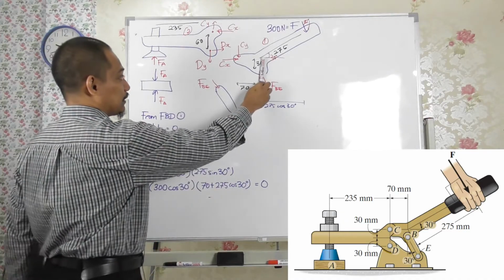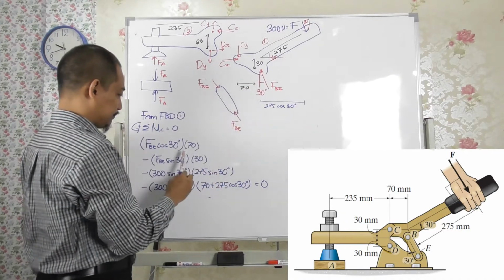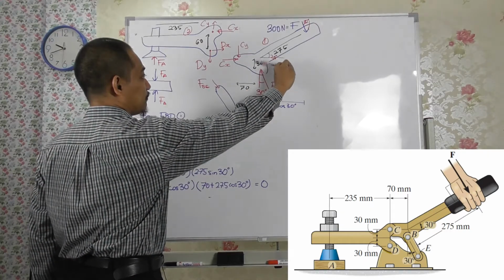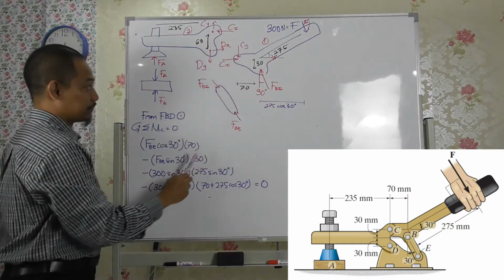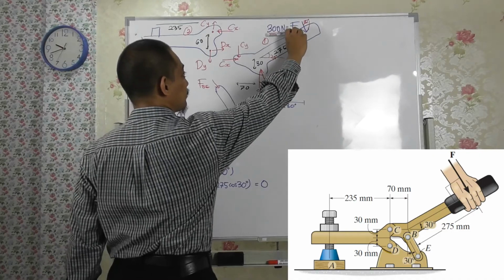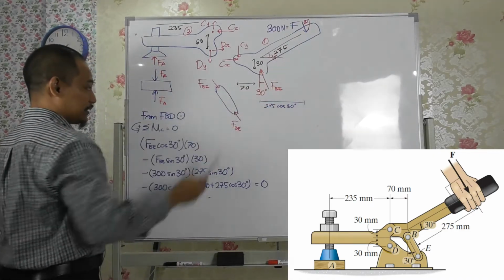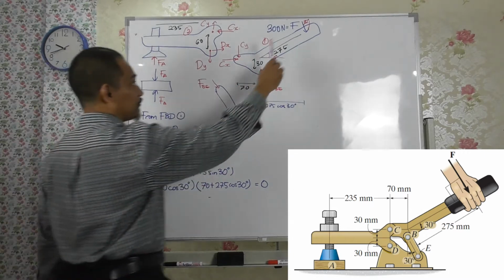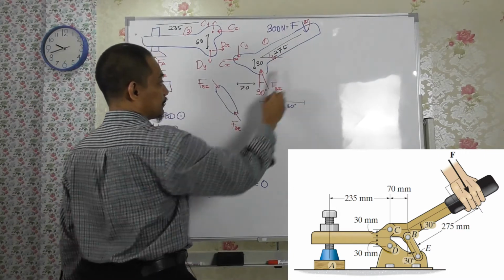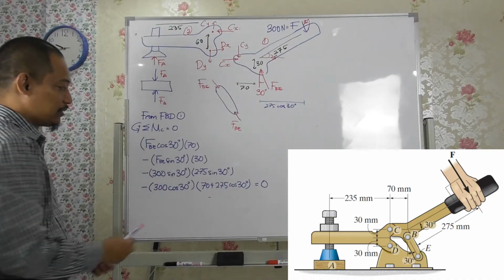So for the vertical force the perpendicular distance is 70, for the horizontal it is 30. For the horizontal component of F, the perpendicular distance is the vertical one, so this one, 275 sine 30. For the vertical component, the distance is the whole thing, so this plus this one, right?